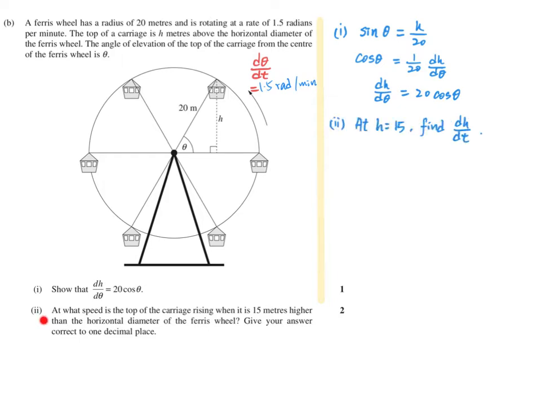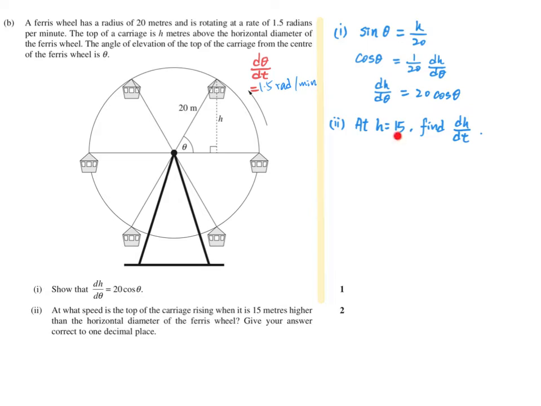In question 2, it asks you to find dh/dt at h equal to 15, because the question says: what is the speed of the carriage rising when it is 15 meters higher than the horizontal diameter of the Ferris wheel? Give your answer to one decimal place.